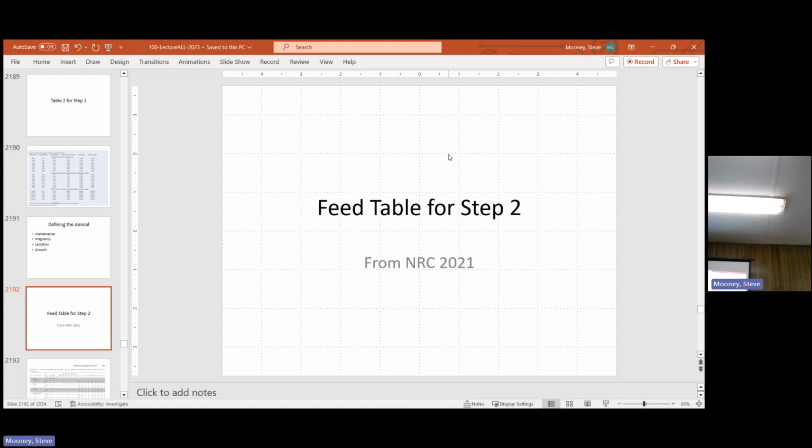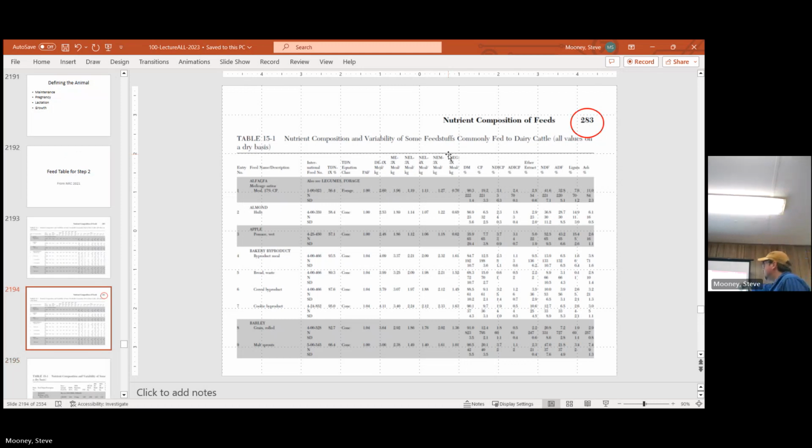So you have a kind of an introduction about how all those numbers were figured out and put into the table. So you flip 1 page, 2 pages to the top where it says 283. So we have a table here: nutrient composition and variability of some feedstuffs commonly fed to dairy cows, all values on a dry matter basis.